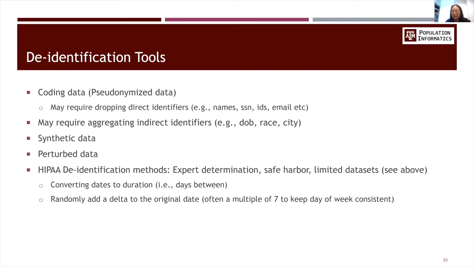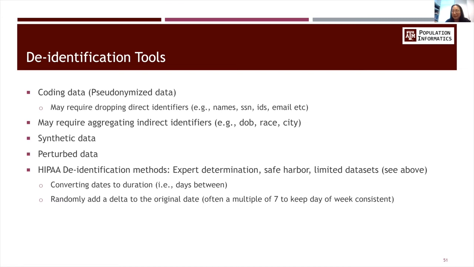So if your research data set didn't have any direct identifiers but had a date of birth, then instead of releasing date of birth, you might calculate age at a certain event, such as age at discharge. If you're doing HIPAA, you look at your data and perturb or calculate it such that the final thing you have is considered de-identified data under certain conditions.